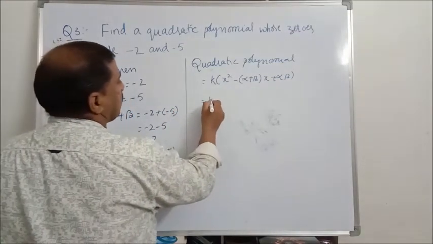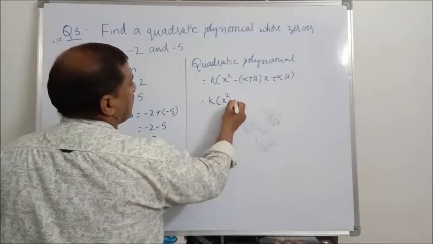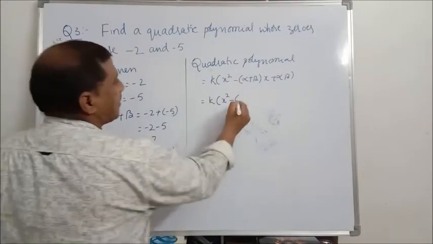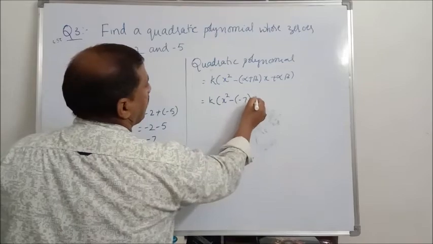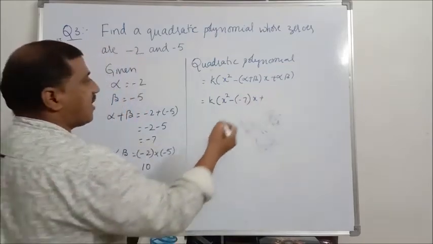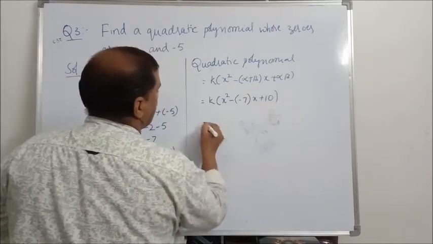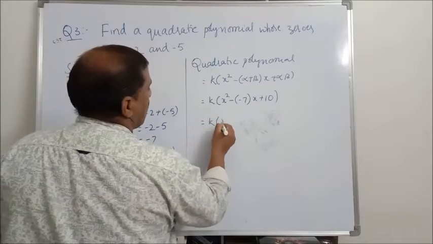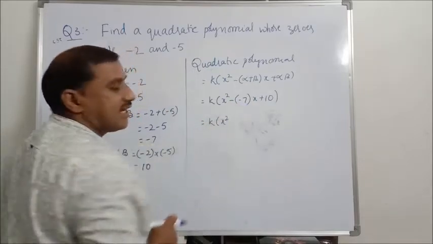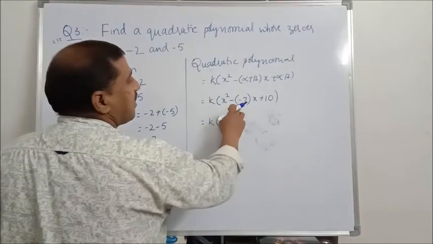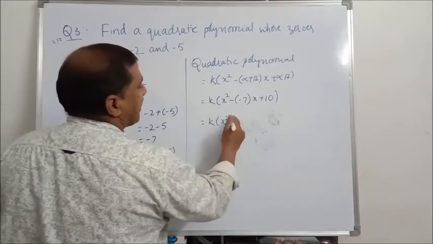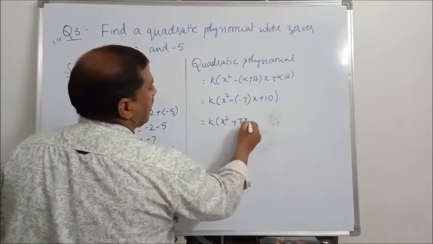That is equal to k into x square minus (alpha plus beta is equal to minus 7) into x plus (alpha into beta is equal to 10). That is k into x square minus into minus, it is plus 1 into 7, it is 7x plus 10.